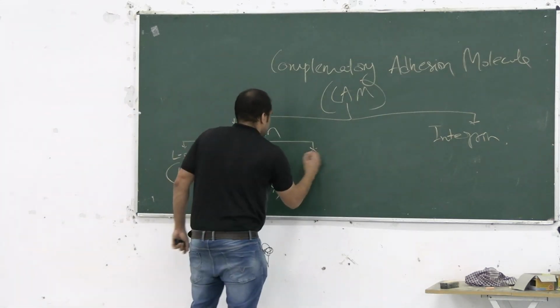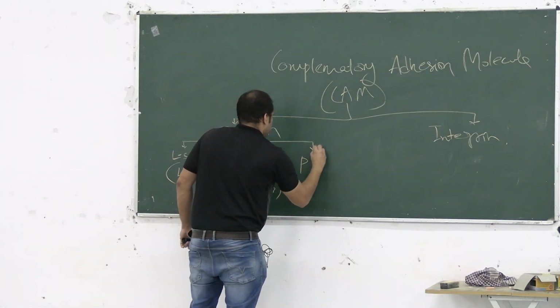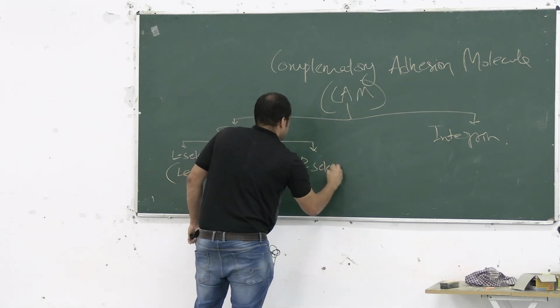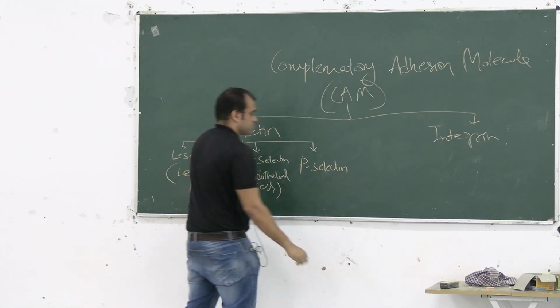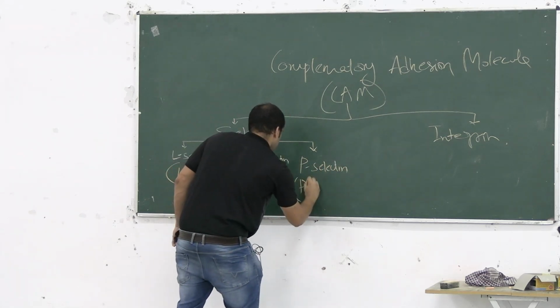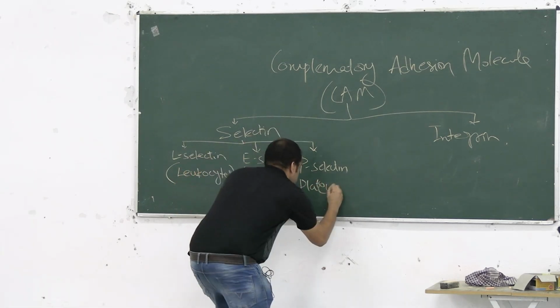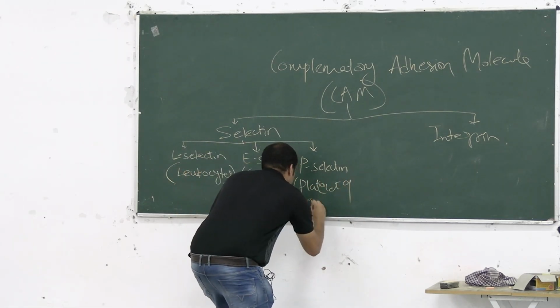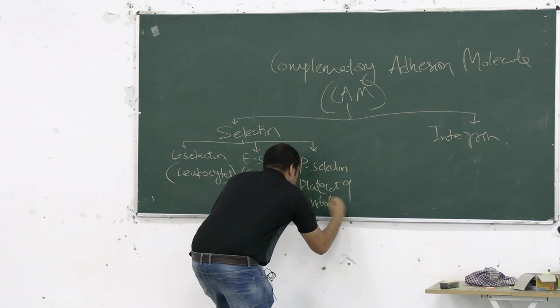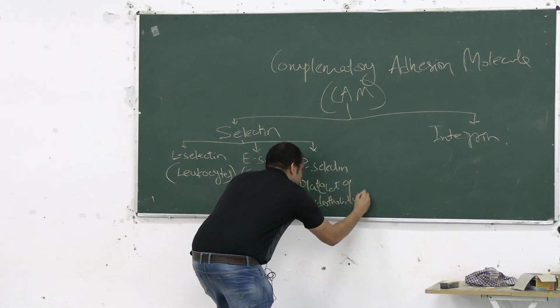And the next one is P-selectin, located in platelets and endothelial cells.